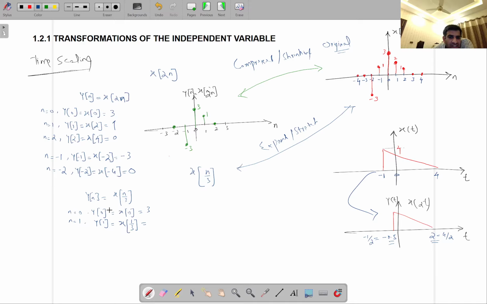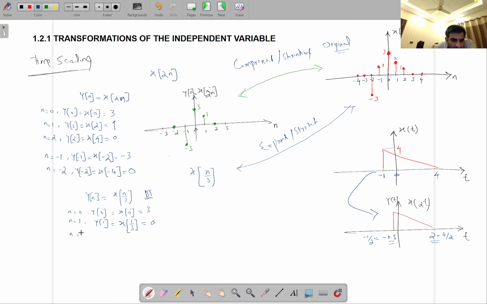Now please note that since we are dealing with a discrete time signal, we don't have any sample value at 1 upon 3. This is not possible. So the obvious answer is that this is 0. The signal is not defined at x of 1 upon 3. Why? Because the discrete time signal is defined only at the integer values of n. There is no value at 1 upon 3.